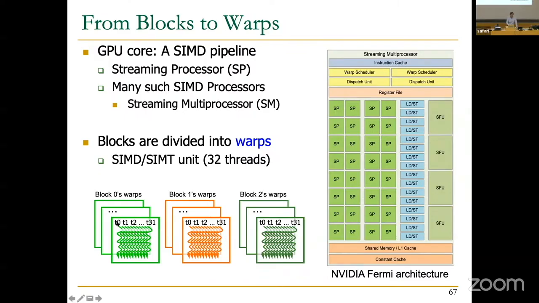These blocks are divided into a bunch of warps. Block 0 has some warps, block 1 has some warps, block 2 has some warps, etc. And they get scheduled onto streaming multiprocessors, if you will. Again, I don't expect you to know exactly what blocks are, but you should really know how warps are executed. There's also block scheduling that we're not going to cover over here.